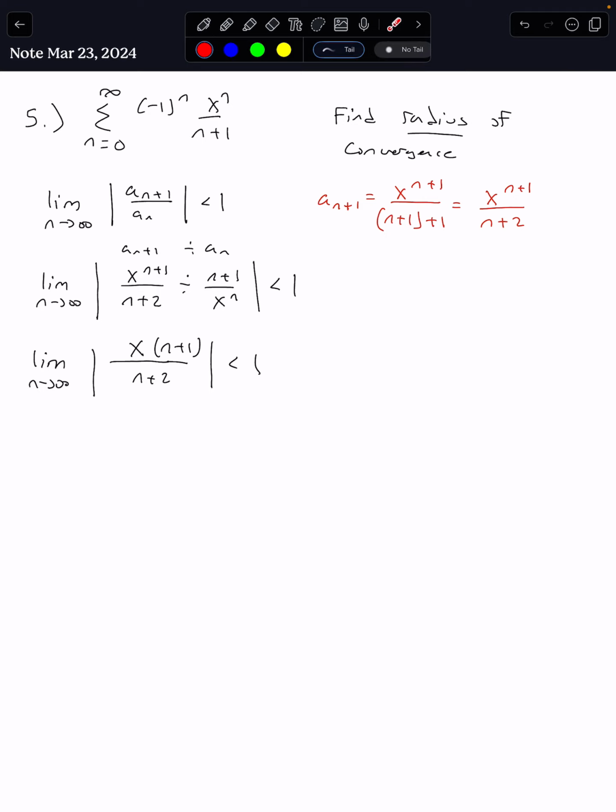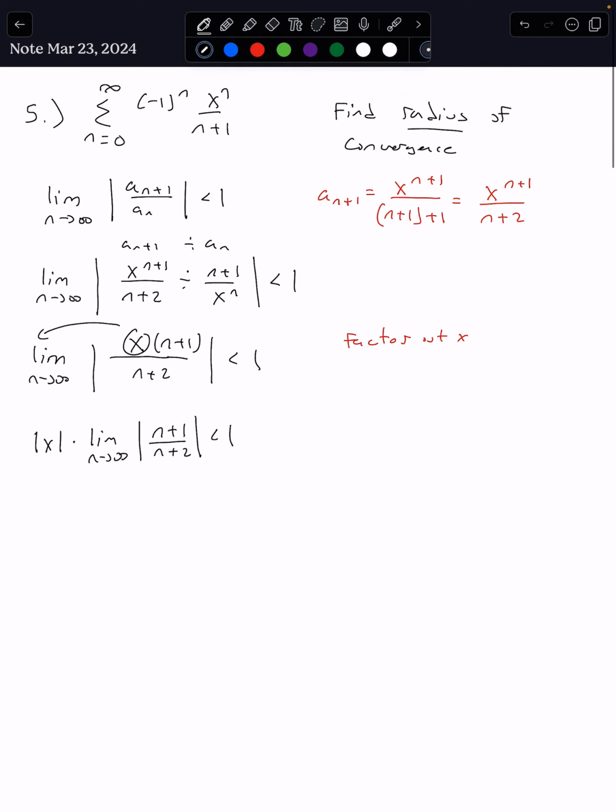When we look at the question, notice we are looking at the limit as n goes to infinity. So I'm not really worried about that x, because the x is not an n. So I'm going to factor out the x. And when we factor out that x, it's still going to stay absolute value of x times the limit as n goes to infinity of n plus 1 over n plus 2, and that has to be less than 1.